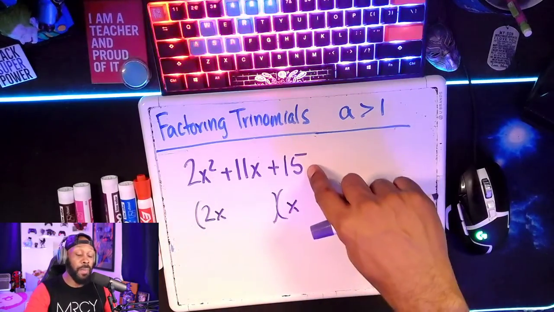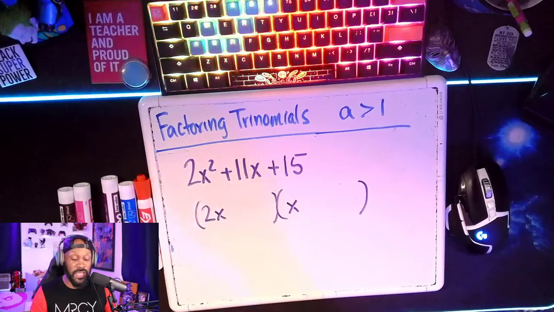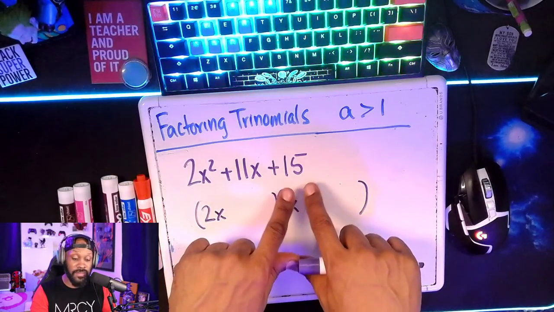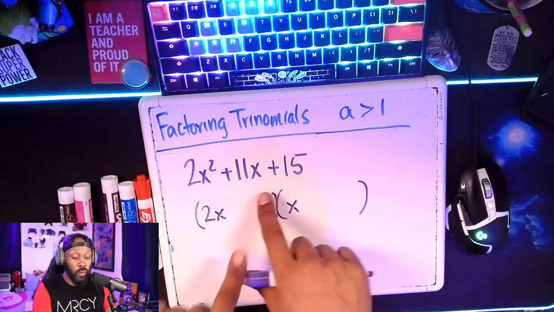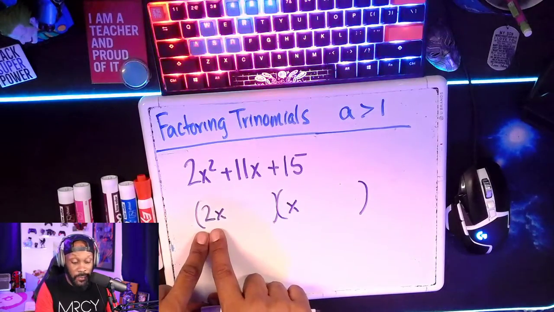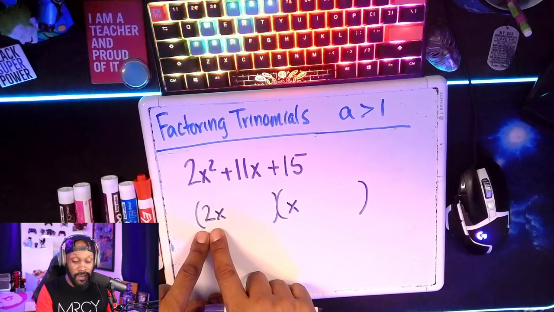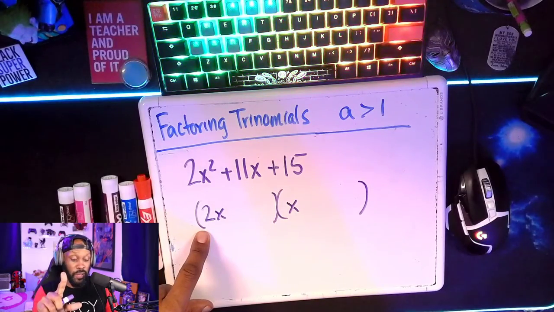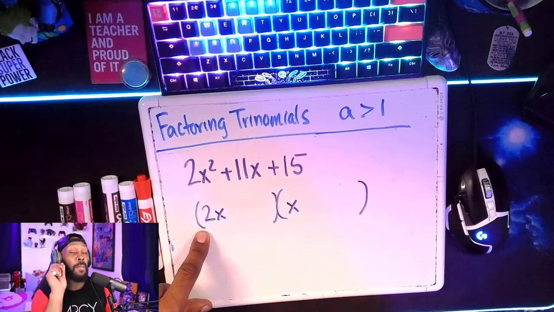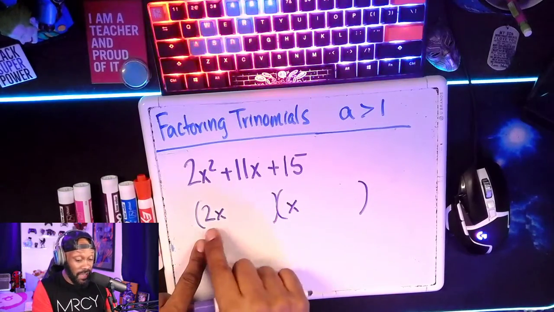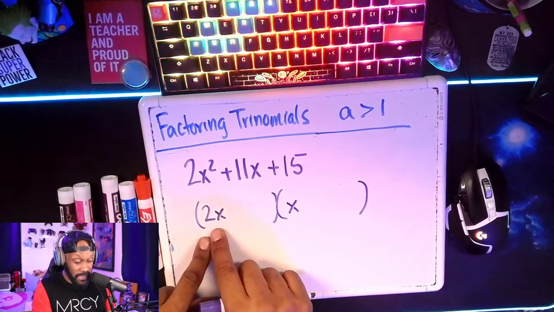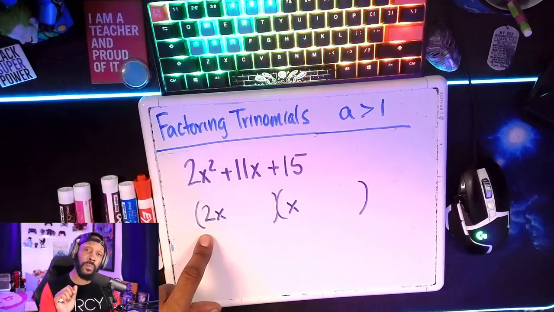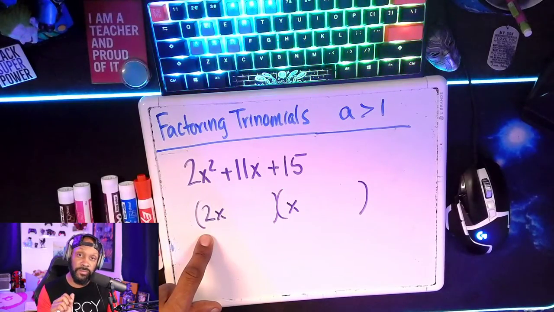And then you think about your factors of 15 that could work here that I can multiply together to get 15. But hold on, because this 2 is sitting here, and I'm telling you the 3 and the 5 are going to be your factors. But the placement, because of this, is going to be very important where you put that 3 and that 5.